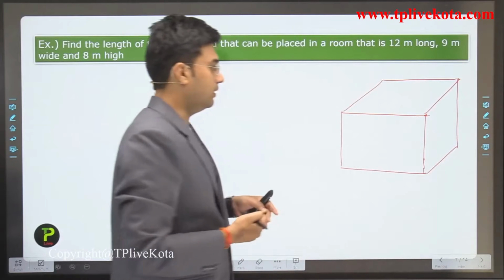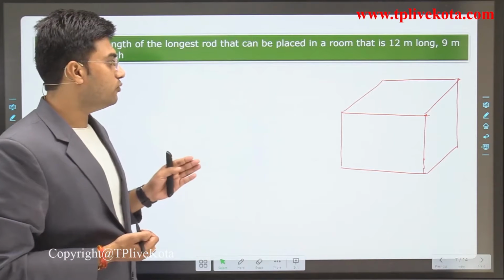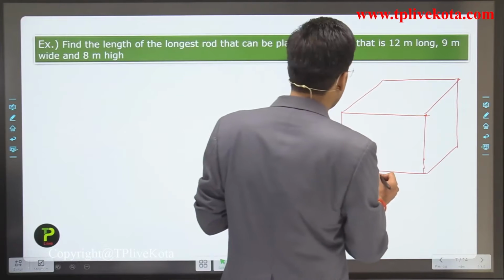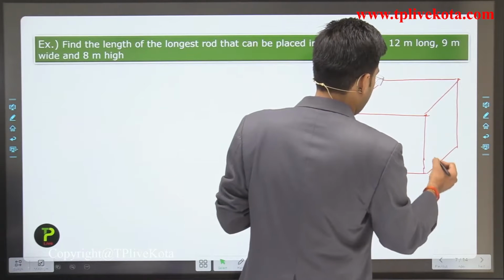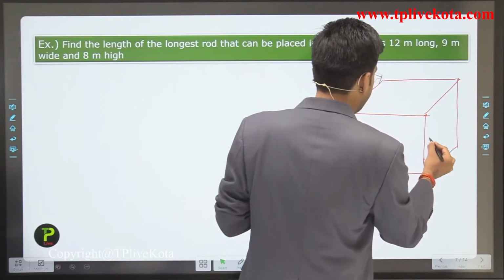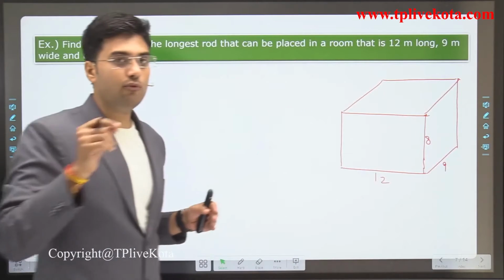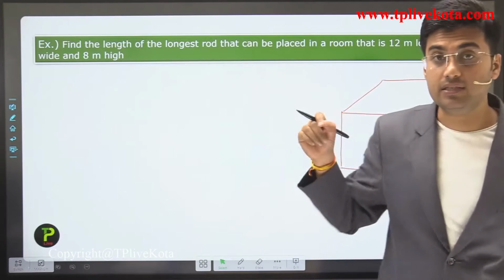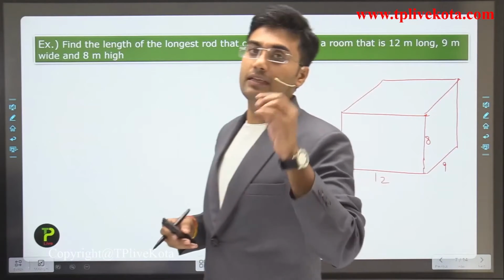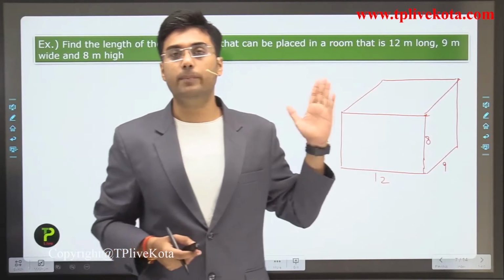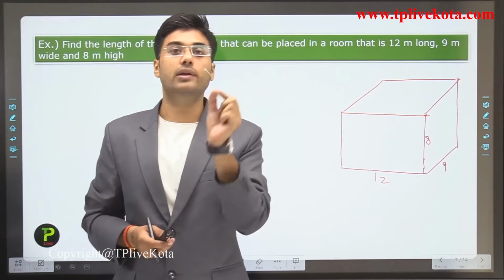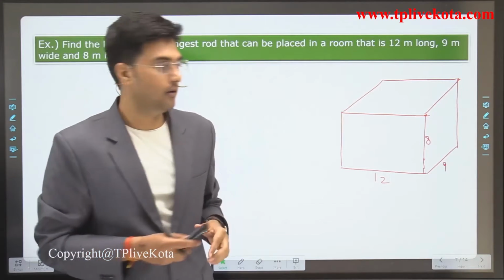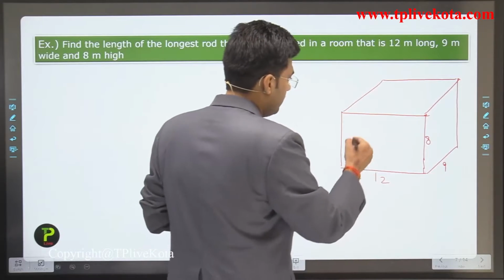Okay, now students, we have to find the length of the longest rod that can be placed in this room, with dimensions 12, 9 and 8. Clear? The longest rod that can be placed in this room is equal to the length of its diagonal.